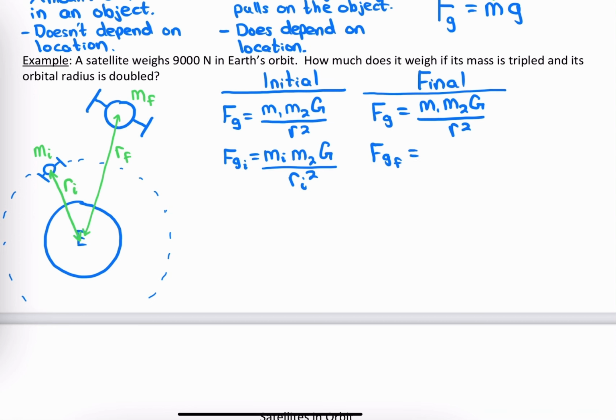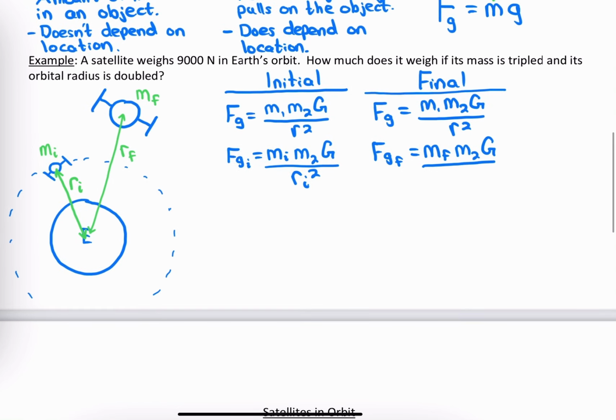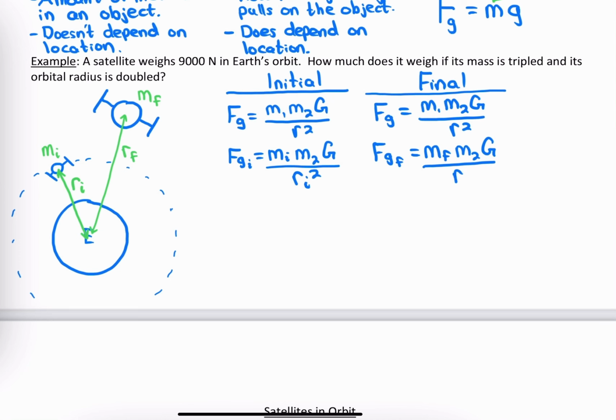And that force is due to two masses, the mass of the satellite and the mass of the Earth. Those two masses are what create that force. Again, I'll use the satellite for M1. M2, I'll just leave it as M2, the mass of the Earth. And the radius between them, the distance between their centers of gravity, is R final.